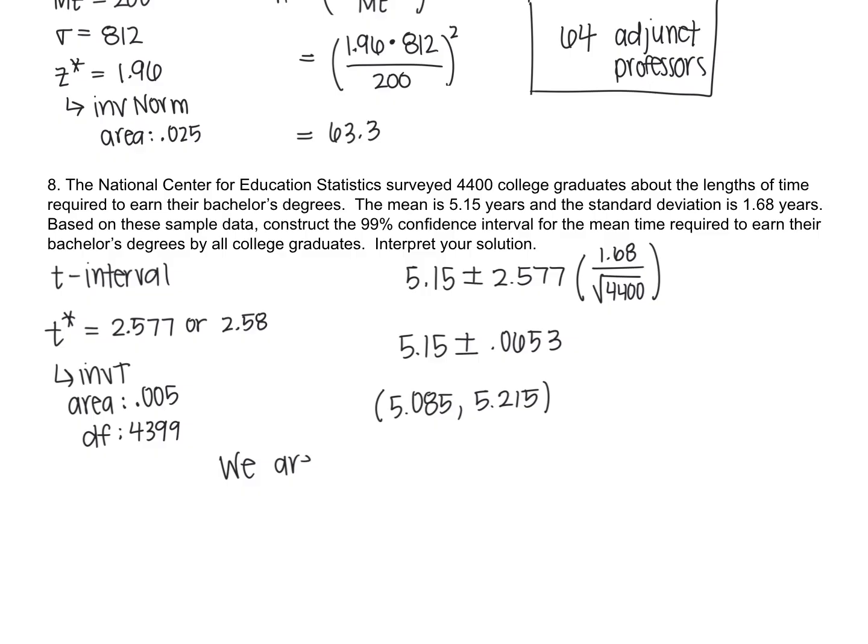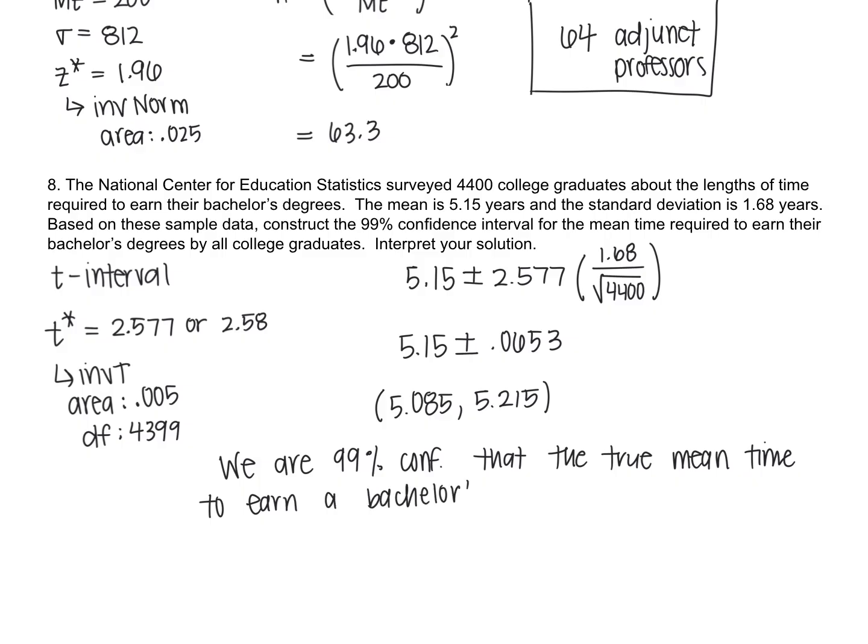So we are 99% confident that the true mean time to earn a bachelor's degree by all college graduates is between, and then because this is a confidence interval for means and not proportions, we do need to include units when we get to this step.